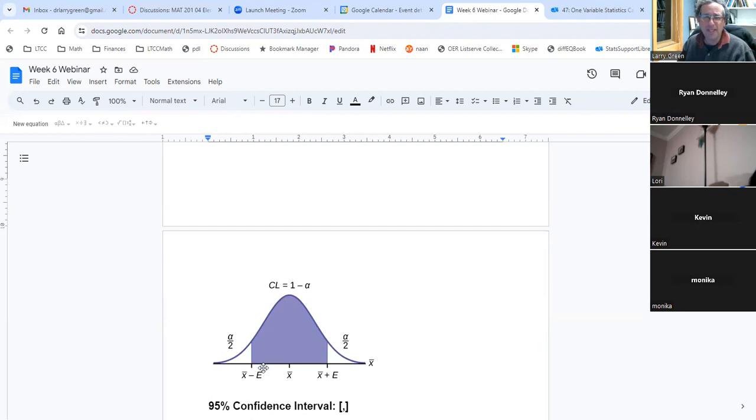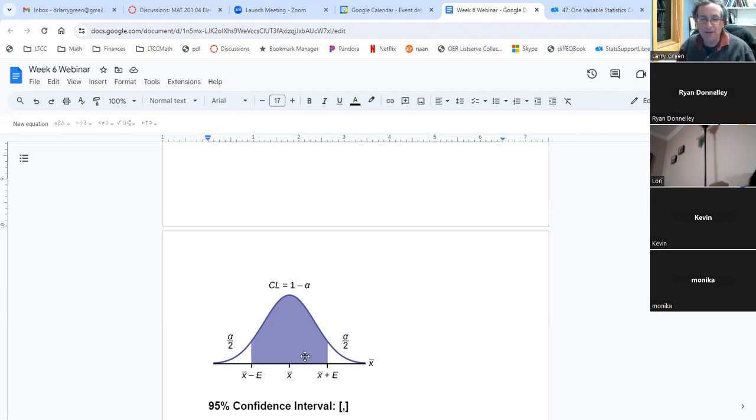Okay. So one thing is what we can do is we can say X bar. We can consider that the center because X bar, if you remember, is our best guess for the population mean. So that means we can put X bar in the center of this normal curve. Does that make sense to everyone?